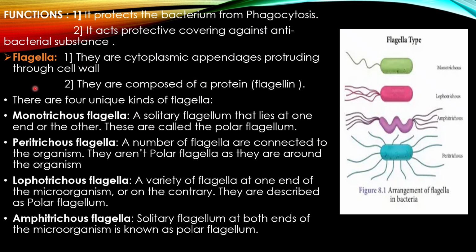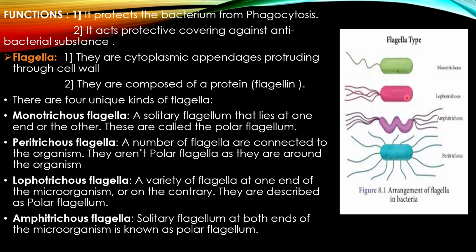And then the next part is the flagella. As you can see, this is the flagella, and different bacteria contain different types of flagella. They are cytoplasmic appendages protruding through the cell wall. As you can see, these are the appendages which come out from the cell wall, and they are mainly responsible for locomotion.